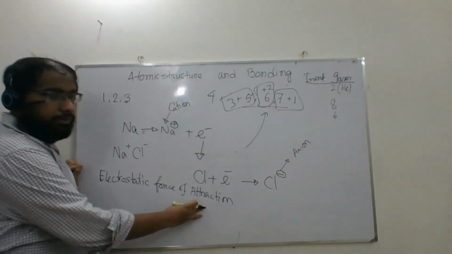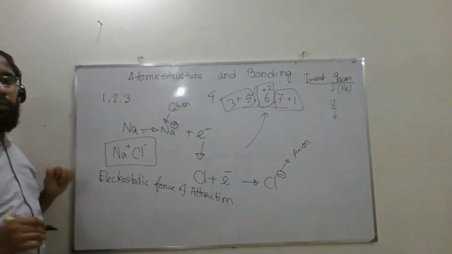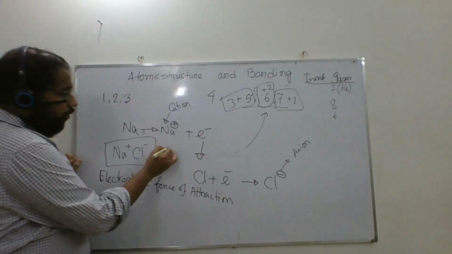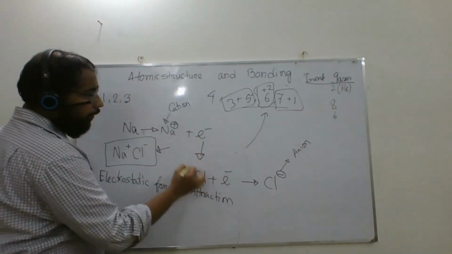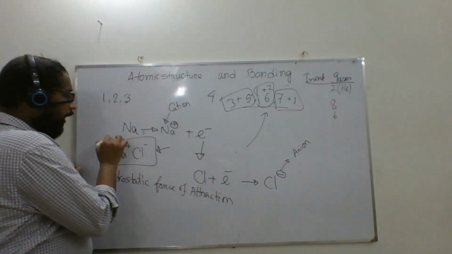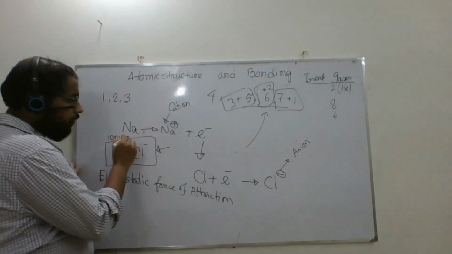Due to this electrostatic force of attraction, they combine together to form sodium chloride. And the compound which is formed in this way, due to formation of the cation and anion, is known as an ionic compound because it is formed by ions.